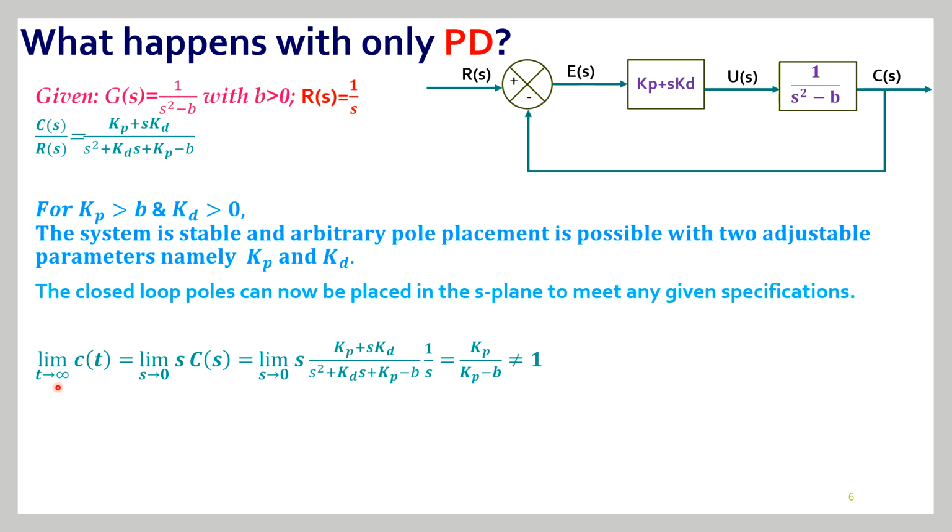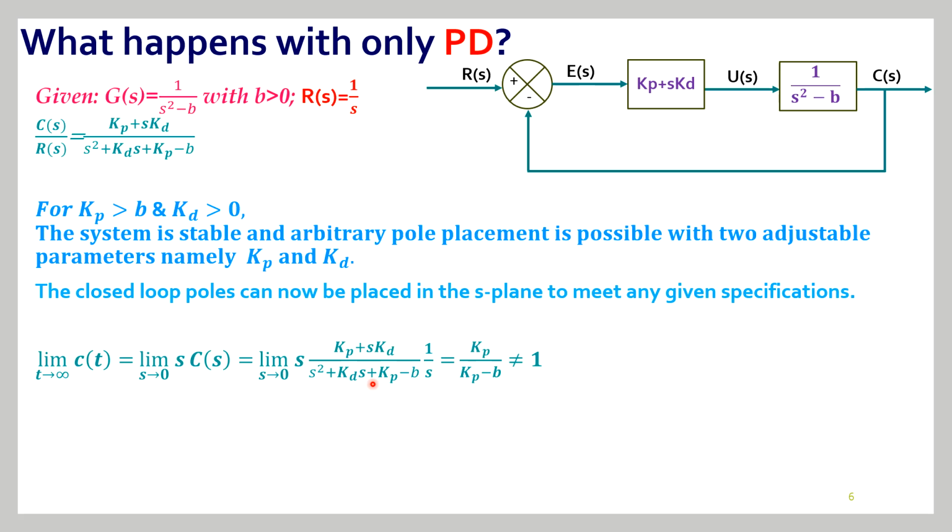The final value theorem is used here. So limit t tends to infinity c(t), or in the s domain limit s tends to 0 of s into C(s). This is the formula we usually use. Here, to calculate the final value, the C(s) function is substituted, and R(s) is 1 by s.